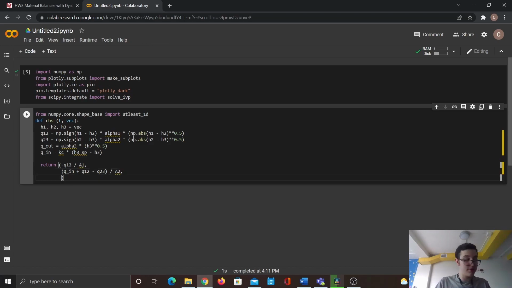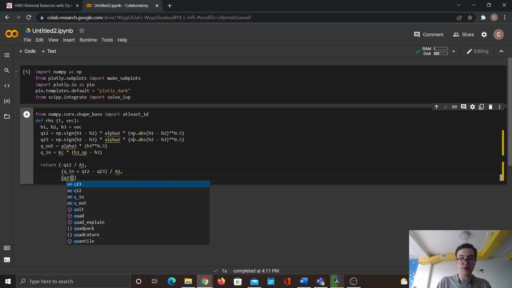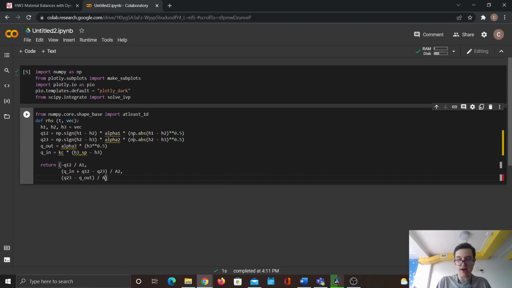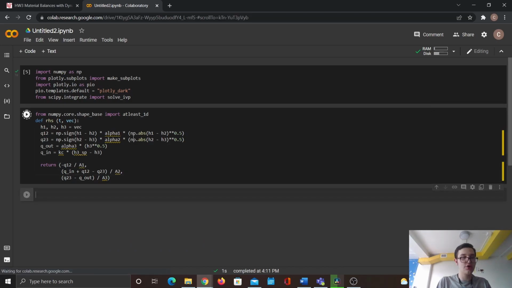And then finally, the rate of change in tank 3 is equal to, again with parentheses, the flow rate from 2 to 3 minus the flow rate out, and again divided by A3. Okay, shift enter. We have our function set up.